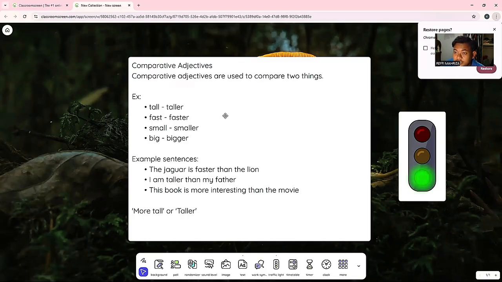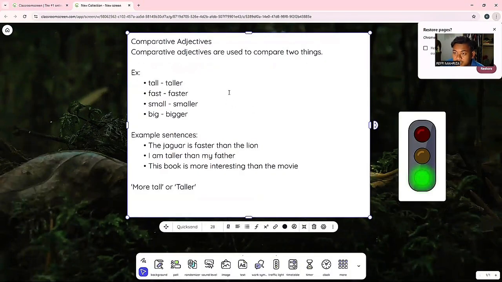Okay, if there is no question, let's end the lesson.